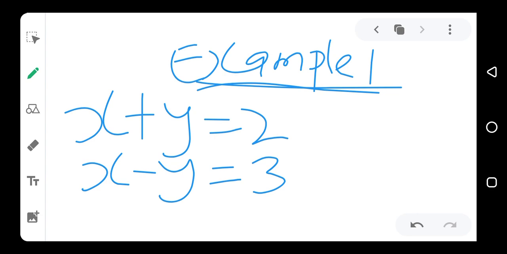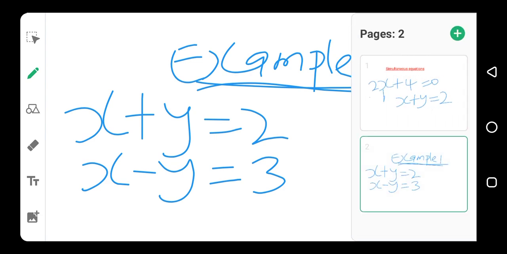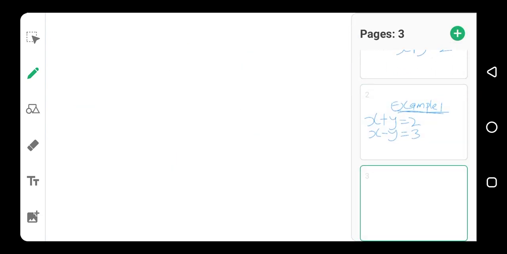Now, how do we solve this? In solving a simultaneous equation, there are two methods we employ.